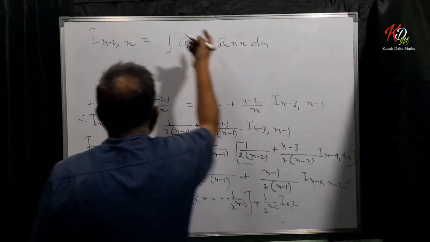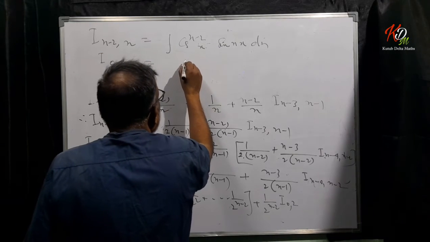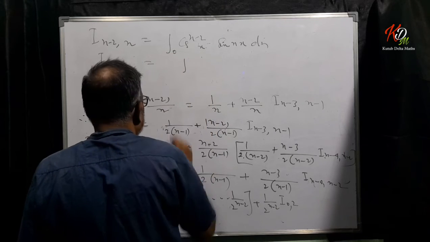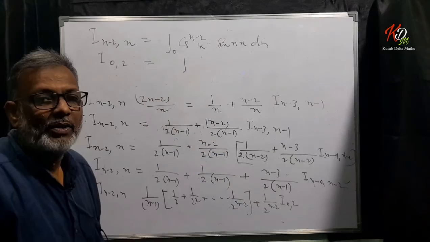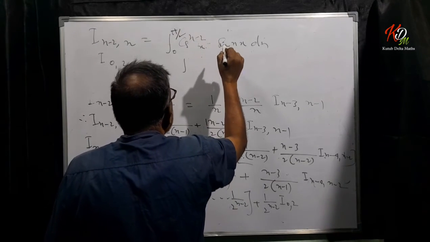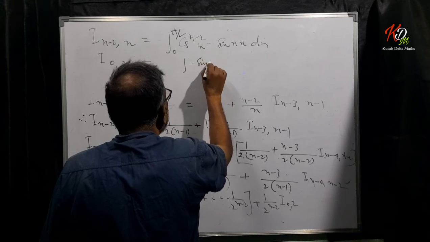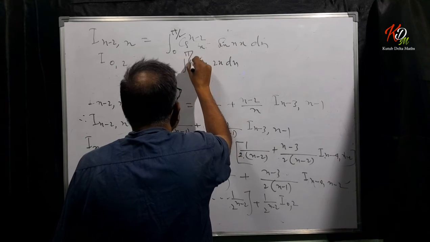Putting n equal to 2, I 0, 2 equals integral 0 to pi by 2 of cos 0 sin 2x dx, which is integral of sin 2x dx from 0 to pi by 2.